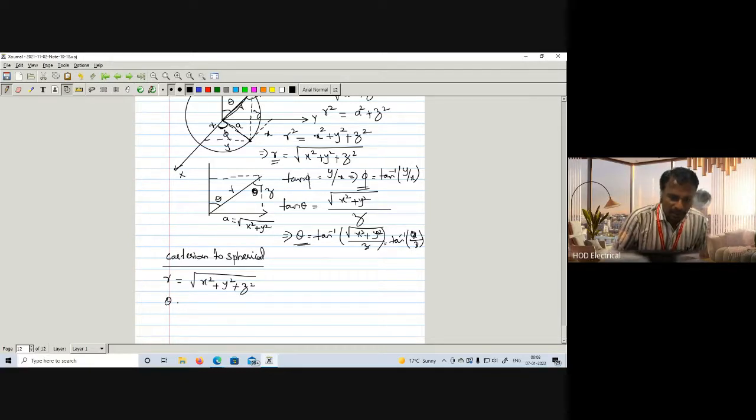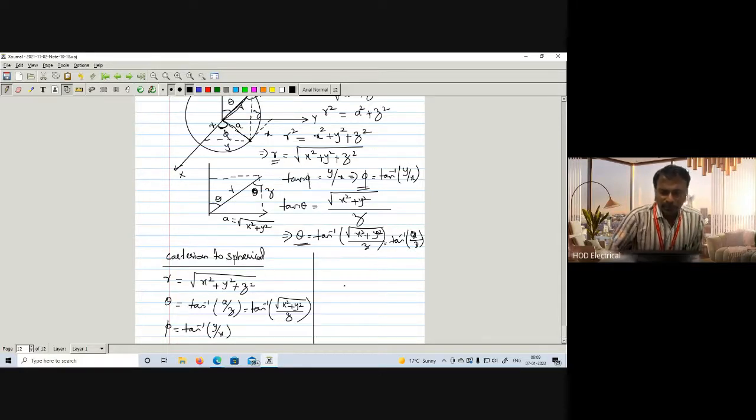Then theta equal to tan inverse of a by z, that is nothing but tan inverse of square root of x square plus y square by z. Then phi is equal to tan inverse of y by x.